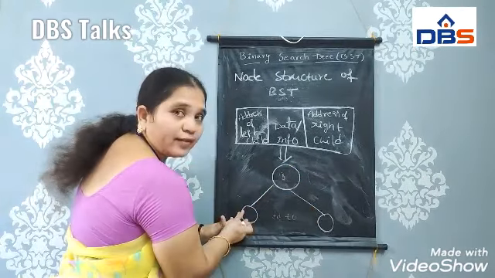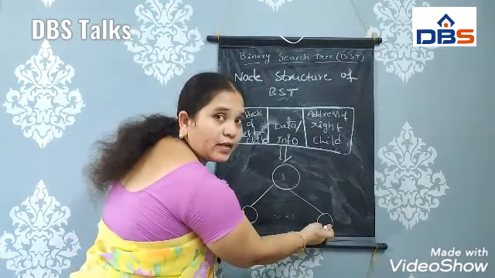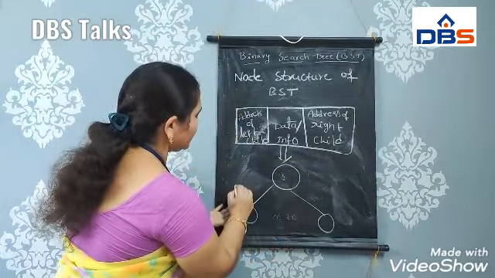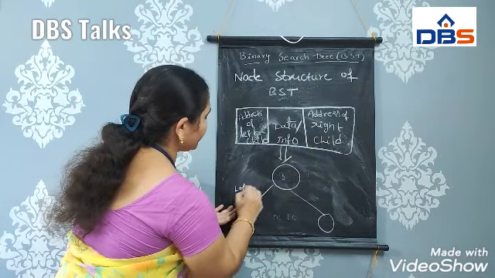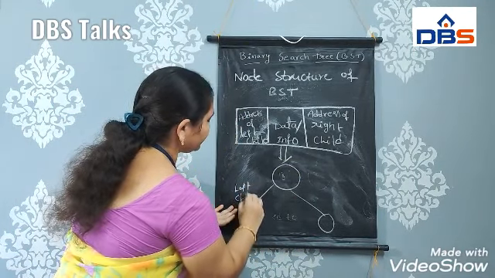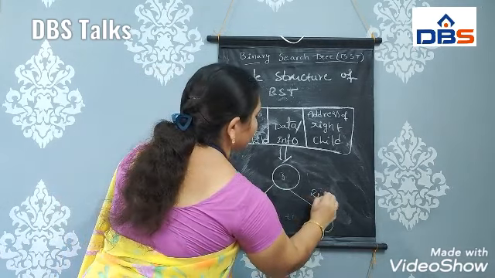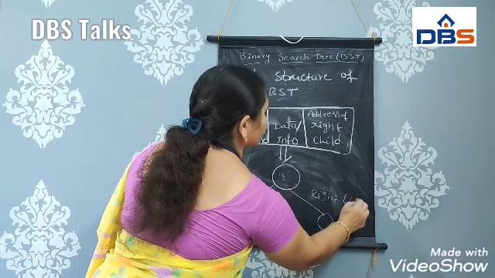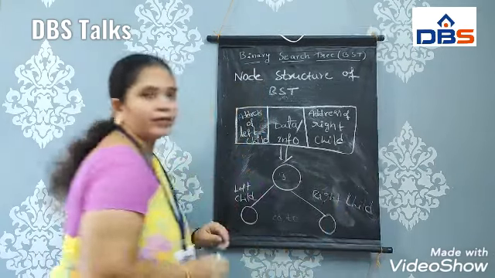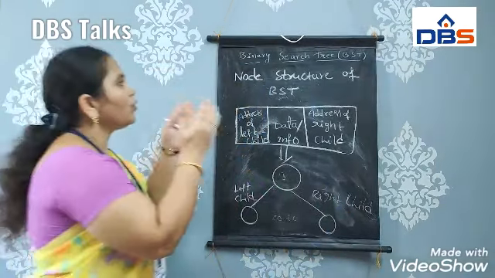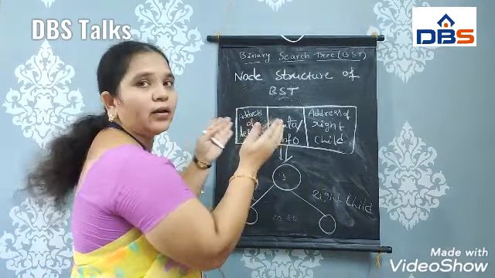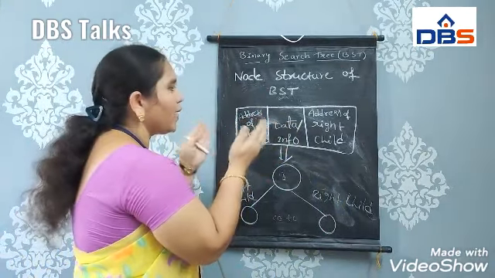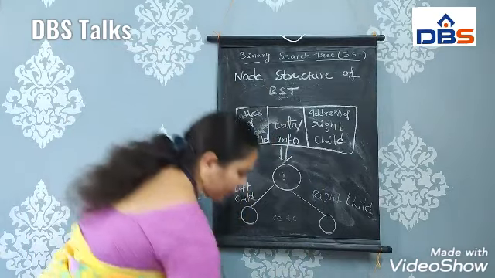One is the left child and another one is the right child. This is the left child and this is the right child. Okay, this is the node structure or representation of a binary search tree.